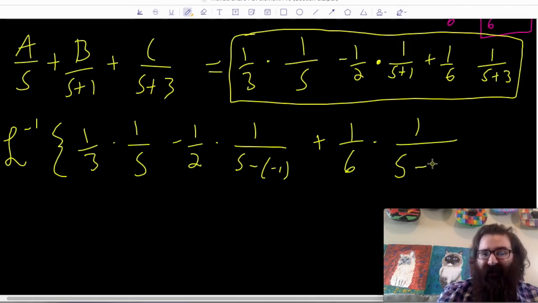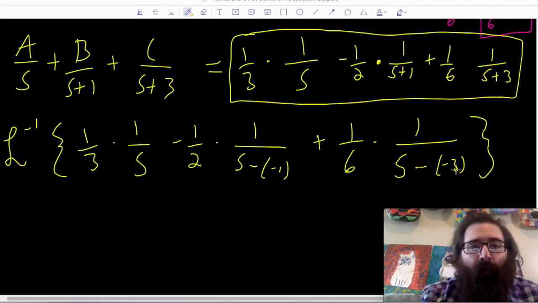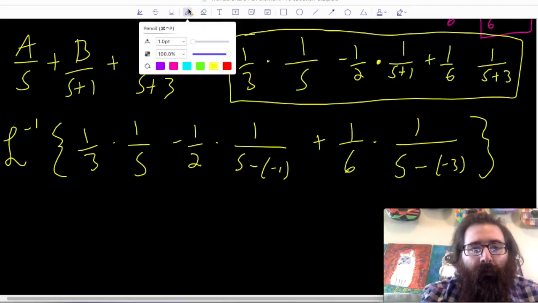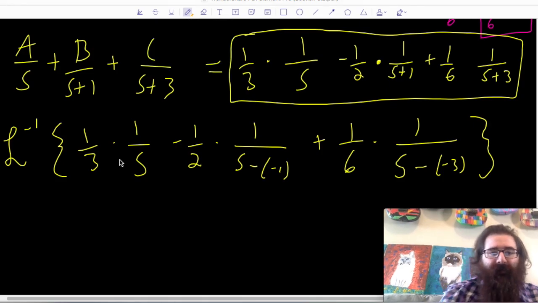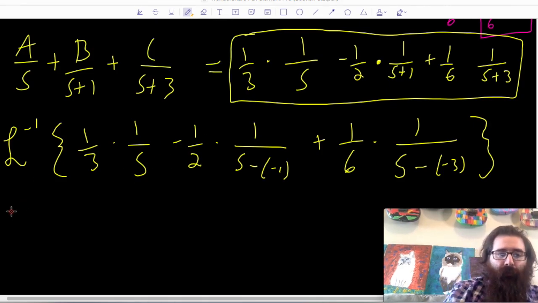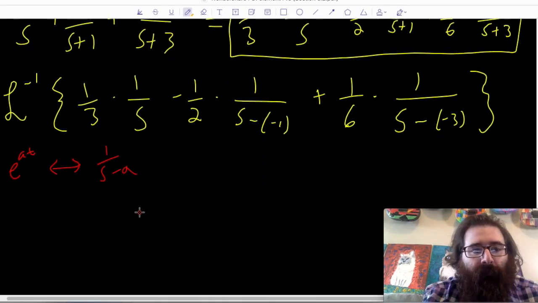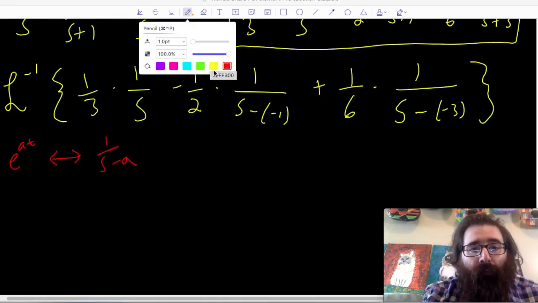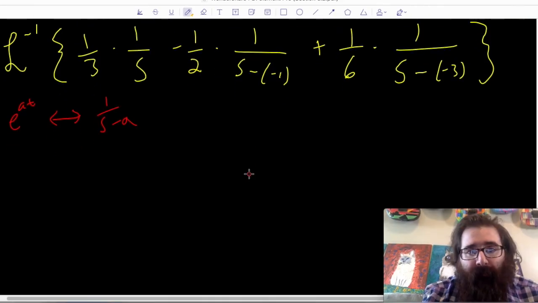Now let's write it as s minus negative 3. And if we remember this one, I'll write it down in red. This is, well, not all of them, but most of them, e to the at, remember, maps to 1 over s minus a.